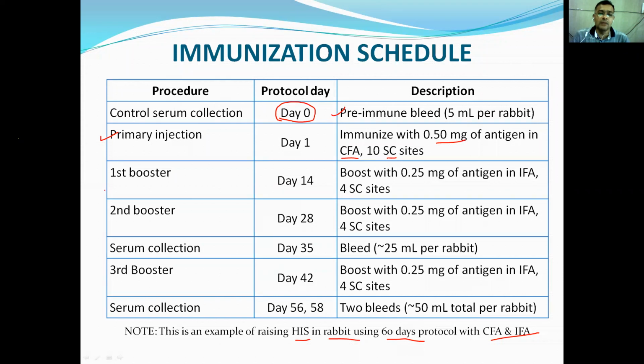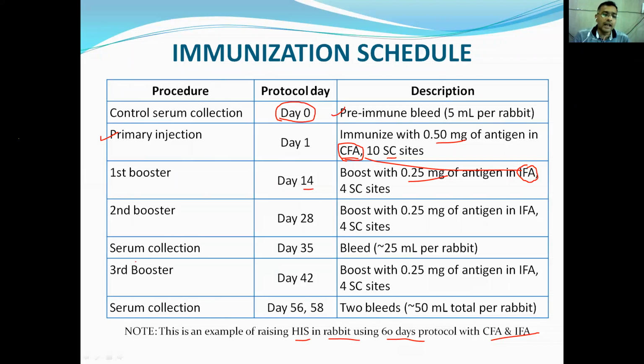The second dose is considered the first booster, which is generally given on the 14th day, or after a 2-week interval from the primary injection. That is followed with less antigen, and here incomplete adjuvant is used. So for the primary dose, complete Freund's adjuvant is used, whereas for the second dose, incomplete Freund's adjuvant is generally used with less antigen.